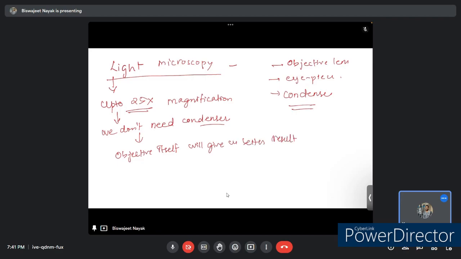But again, as I've told, there are different parameters. One, these three components, and numerical aperture. For a better optical microscopic image, we need better illumination, and for better illumination, we look for numerical aperture. Another one is reflectivity.